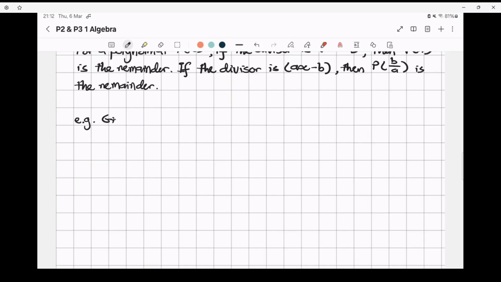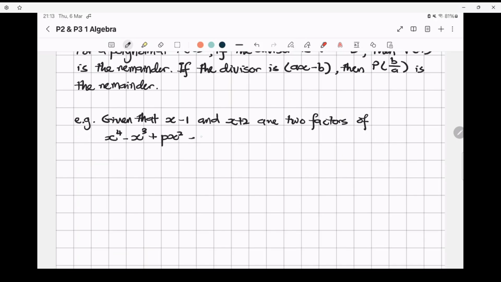So given that x minus 1 and x plus 2 are 2 factors of x^4 minus x^3 plus px^2 minus 11x plus q. So the first part, find p and q.